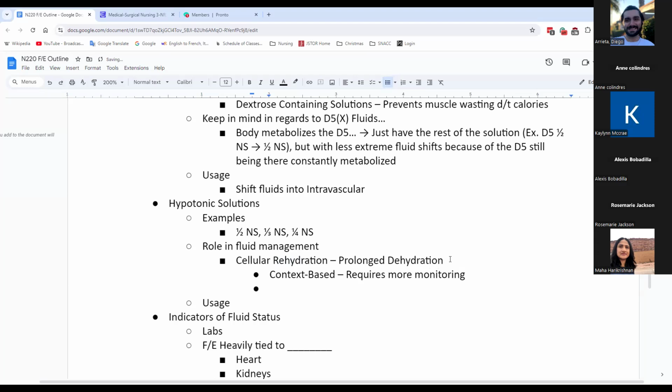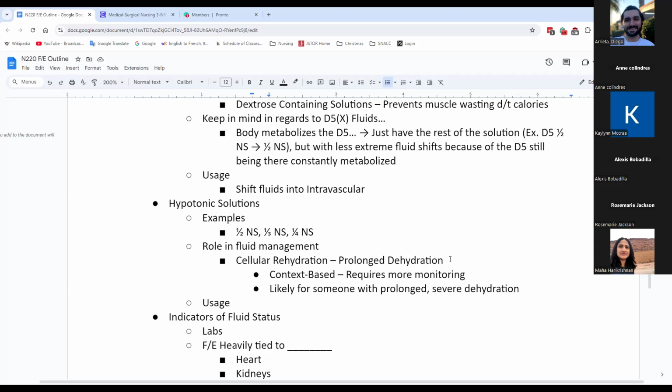So, for example, what is likely for someone with prolonged severe dehydration? Yes, Caleb, that's right. We're going to volume expand, and then when they're a little bit more stable, we're going to go for hypotonic. Because again, we don't want massive fluid shifts on someone that is potentially fluid starved, since that can cause really bad electrolyte and maybe some acid-base imbalances.